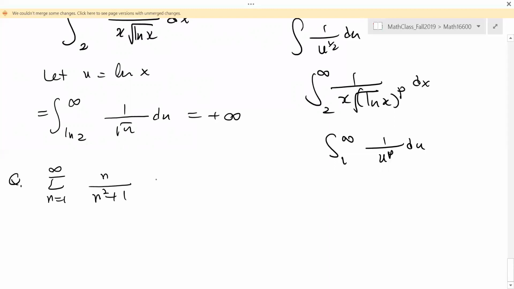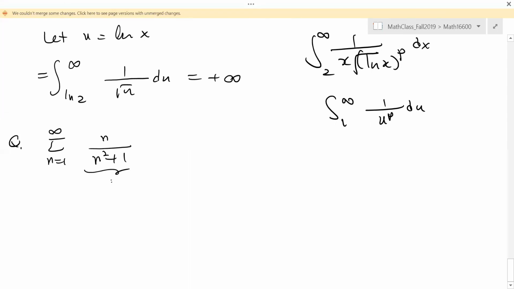The best way to solve this problem is not the nth term test for divergence. This must be the P series test. This is an n, so you figure it out, right? You drop n, drop one, then you get 1 over n.